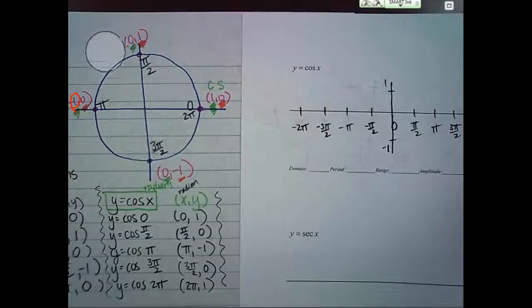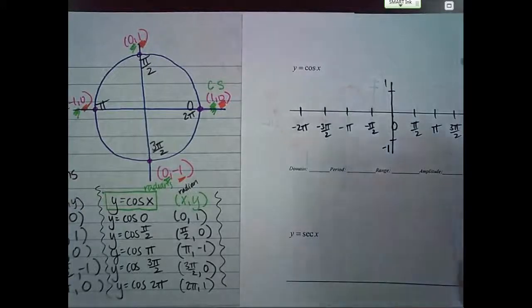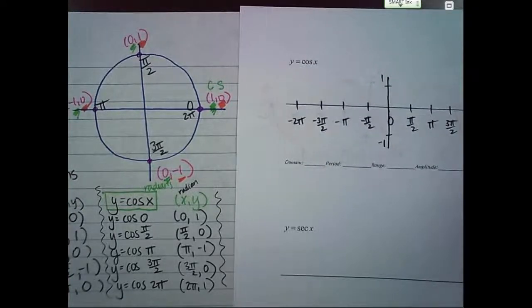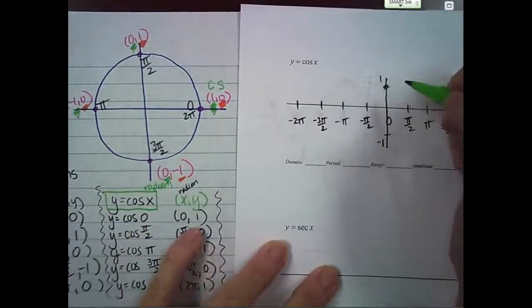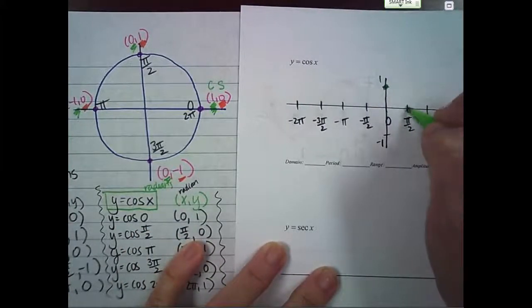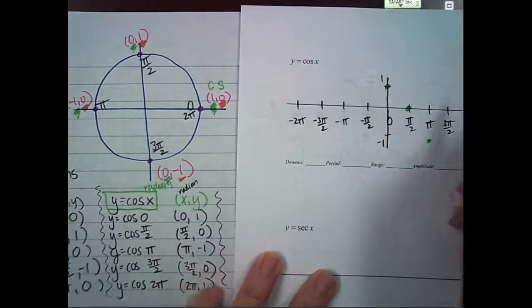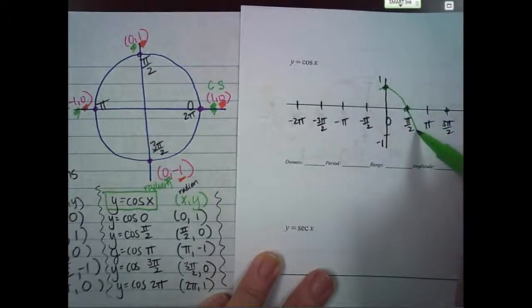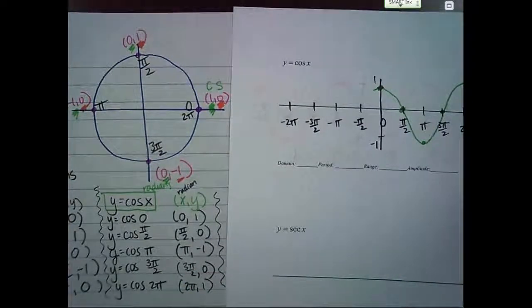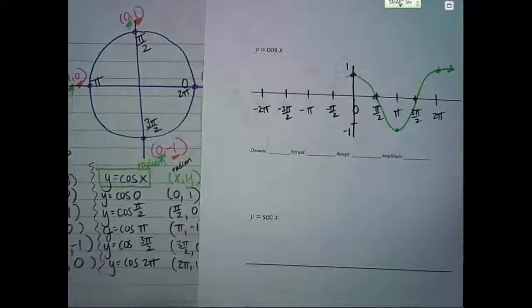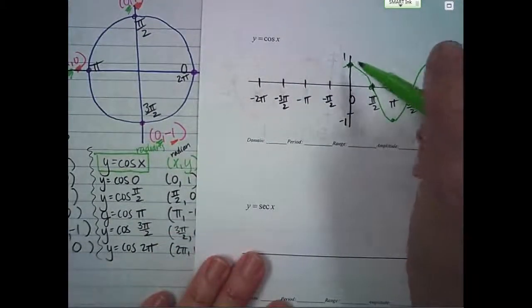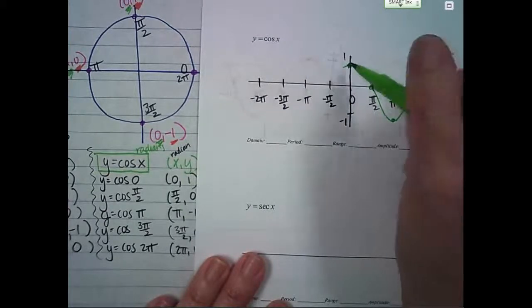Plot your points. Cosine starts at 0, 1. I'm going to use green. Then I move to pi over 2, 0. -1 at pi. 0. And back to 1. Make sure they're rounded. If you continue the pattern, you are at 1, so 0, 1.